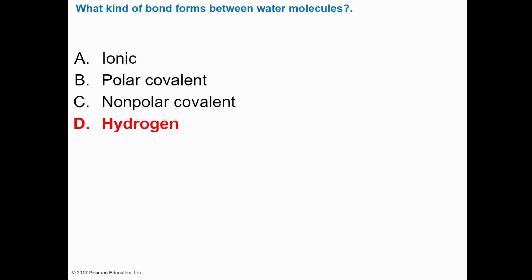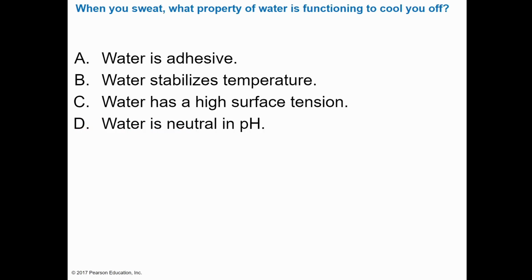For this one, the answer is hydrogen bonds, because the bond between complete water molecules gives us a lot of the characteristics of water, and those types of bonds are hydrogen. So make sure you read questions and you're looking at whether or not we're considering bonds between atoms or bonds between molecules.